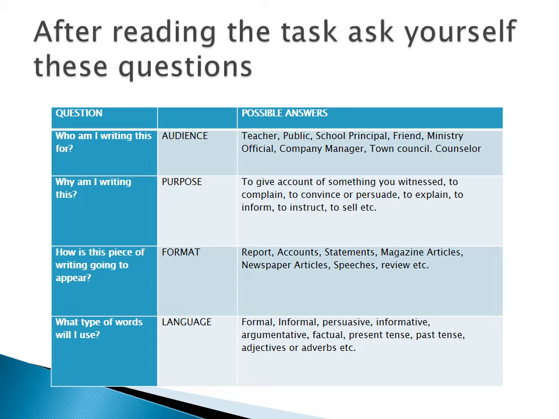The purpose is to apologize for not visiting your friend when he was ill, when he was suffering from dengue in the hospital. And then how is this piece of writing going to appear, what is the format? So the format will be for informal letter, and then what type of words am I going to use?